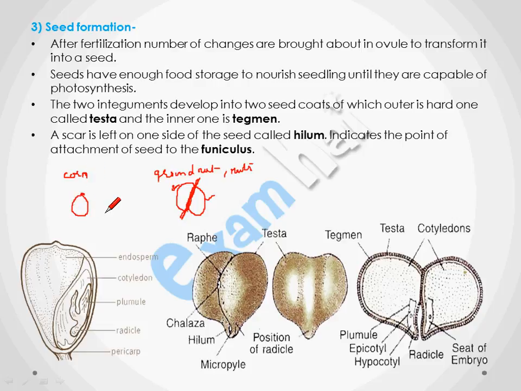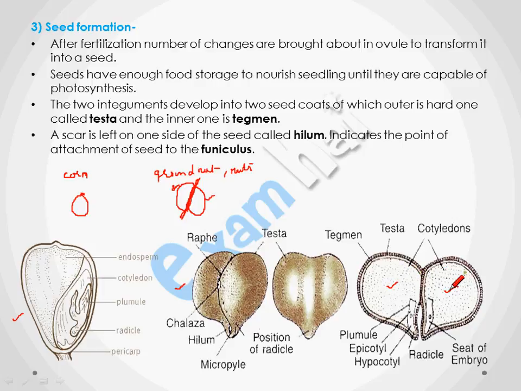So the development of the monocotyledon and the dicotyledon takes place similarly, which I have discussed in embryo formation. So this is a monocot and this is a dicot, having two cotyledons, one cotyledon and the other. If I divide it into two, it will become like this, one and the other part.